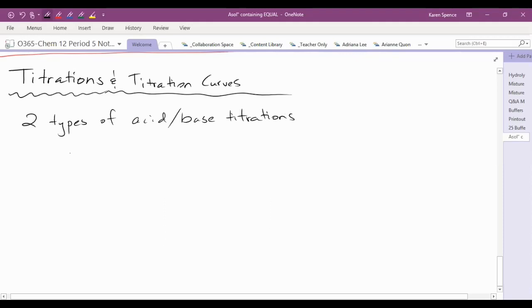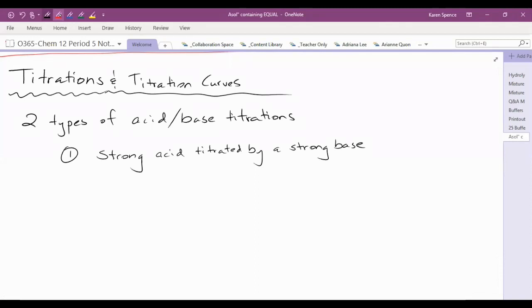Number one is where you have a strong acid titrated by a strong base. So that would be your strong titration.